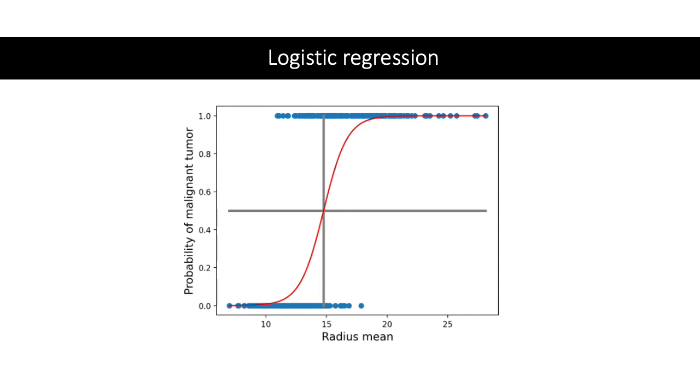The outcome can be 1 or 0, yes or no. It achieves this by using the logistic function, also known as the sigmoid function, which can be seen here in this figure. It maps the predicted values between 0 and 1. So the output is the probability of the instance or the observation belonging to a specific class.